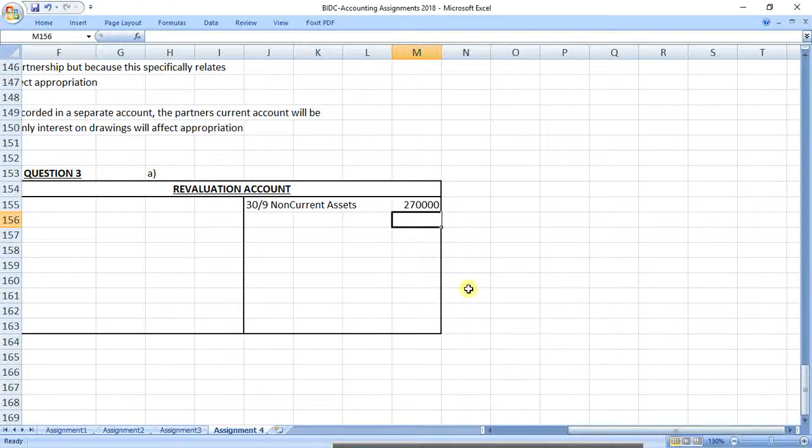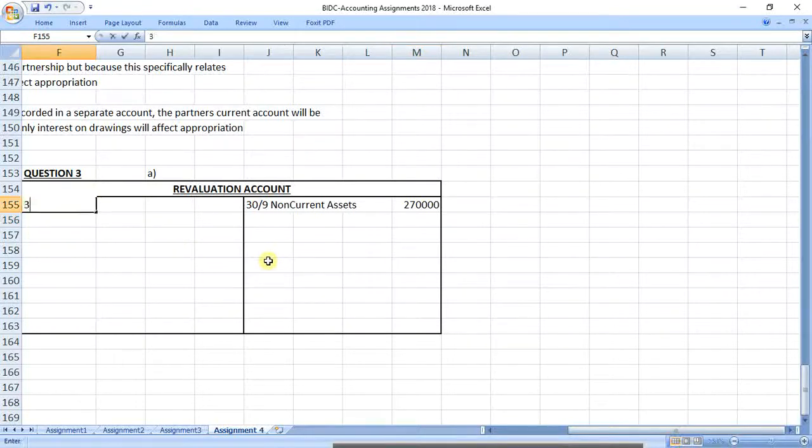Inventory needs to be valued at what? Higher or lower? Reduced. Good. Okay, so how do you reduce the value of inventory? Inventory is an asset. How do you decrease the value of an asset? Good. So if you're crediting that, you would have to debit this. Does it make sense?